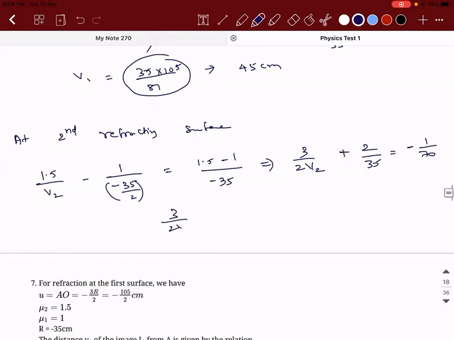So 3 divided by 2V2 will be equal to minus 1 by 70 minus 4 by 70, that is minus 5 divided by 70. Correct? Did I do any mistake? So 3 by 2 times V2 minus.